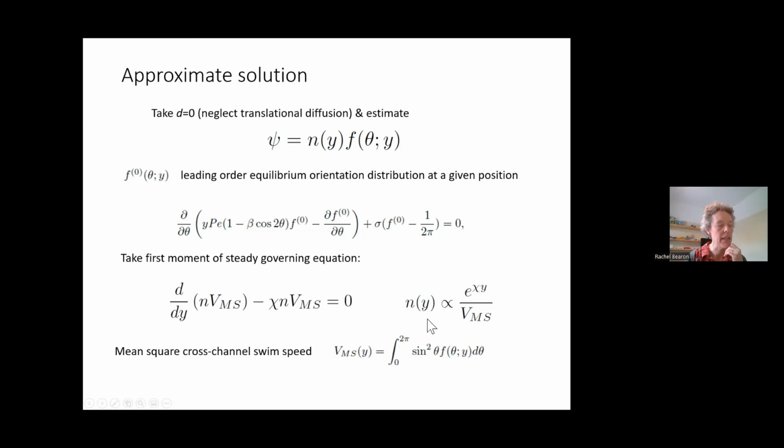So the effective accumulation that we get goes like the mean square cross-channel swimming speed. I'm wanting to say yes, and I'm struggling to think of exactly what it should be. This is when it would be nice if we were all in person, wouldn't it? Because I could scribble away on a piece of paper over lunch and get back to you. But I think there should be.